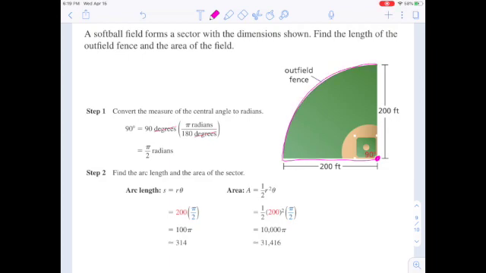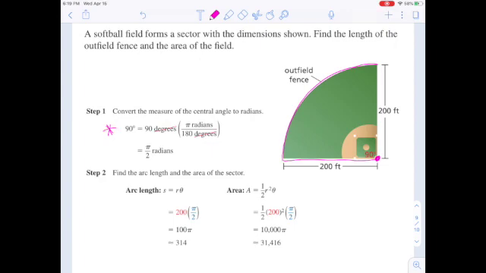So the length of the outfield fence is the piece of the circumference, which is our arc length. So first off, we're going to switch from 90 degrees and speak in radians so we can use the 2 formulas that we just talked about above.